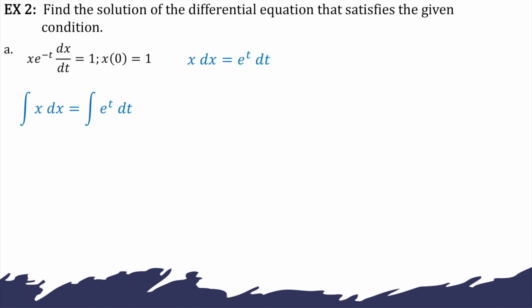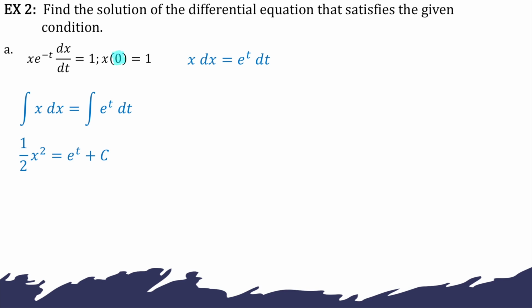Okay? All right. So we'll take the antiderivative of both sides. So we get 1/2 x squared equals e to the t plus c. And this might be a little confusing because this time the x is where we're used to y being, right? And the t is where we're used to x being.